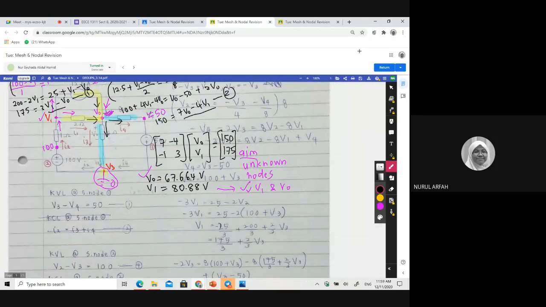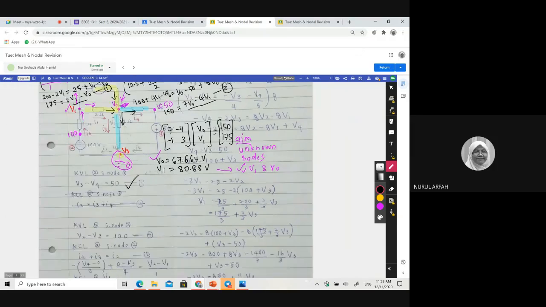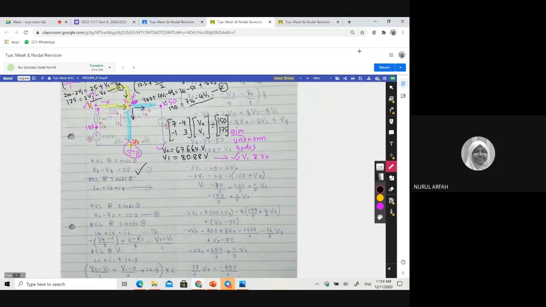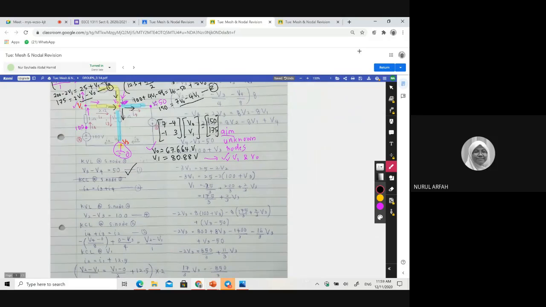KVL at supernode, but everyone does the same. Okay, KCL at supernode, V3 minus V4. Is this right? KVL at supernode. You have the second, V2 minus V3 equal to 100. This is correct.